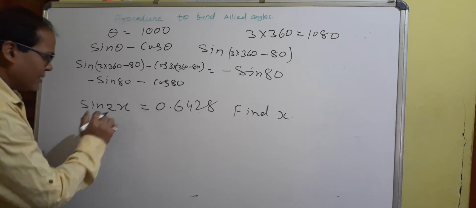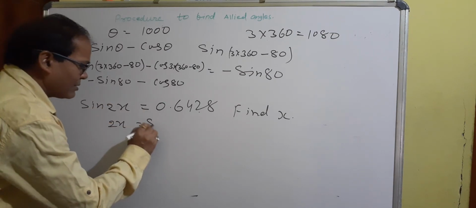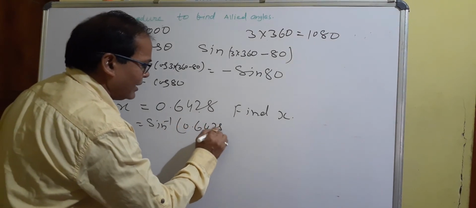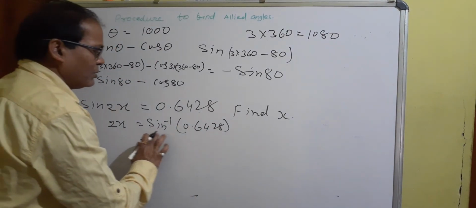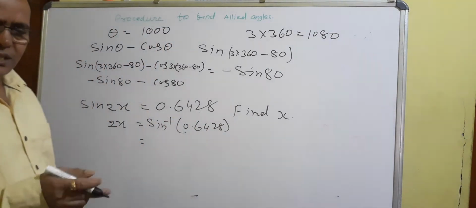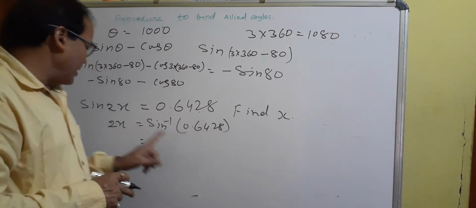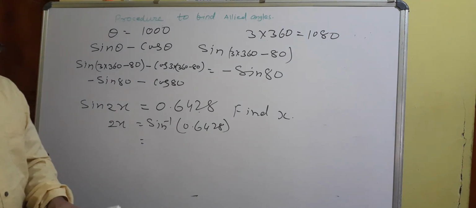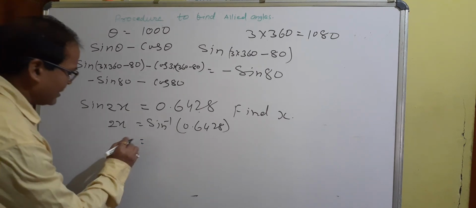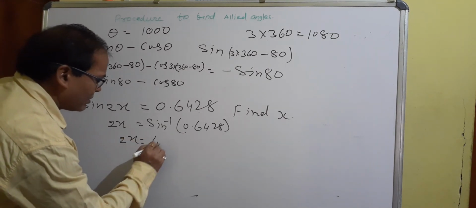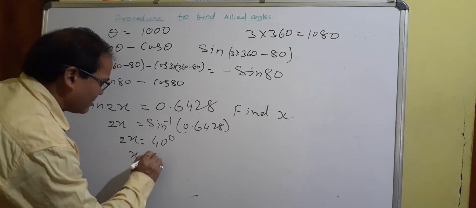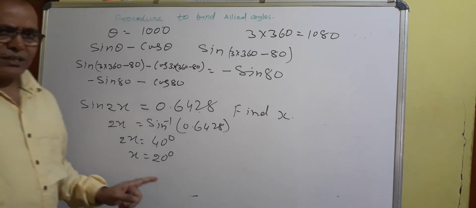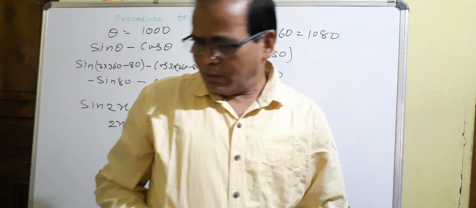If you bring sine to the other side, 2x is equal to sine inverse of 0.6428, and this value you will get from the calculator. Shift sine, put the value and you will get it. So 2x, how much value do you get? Suppose from the calculator you get 2x equal to 40 degrees. Then x is equal to 20 degrees, because 40 divided by 2 is 20 degrees. In this way we can find it.